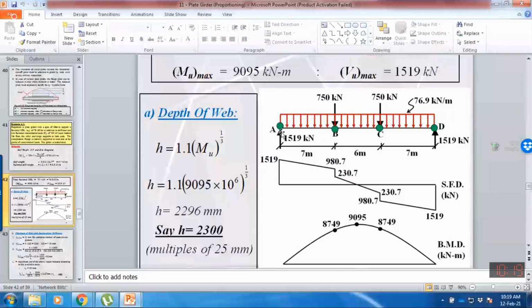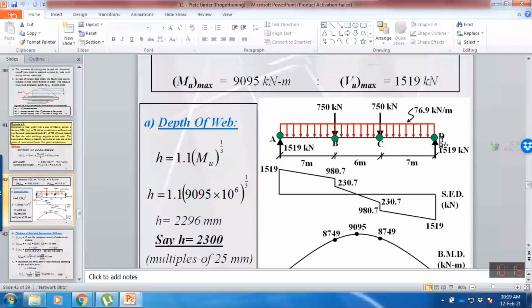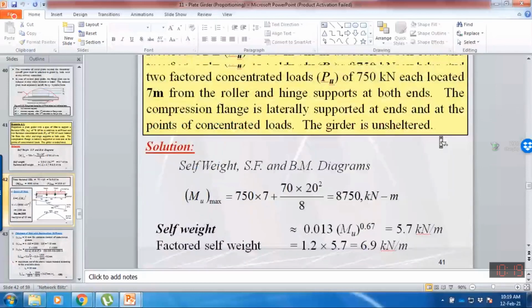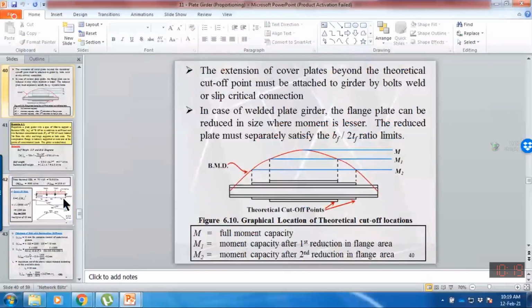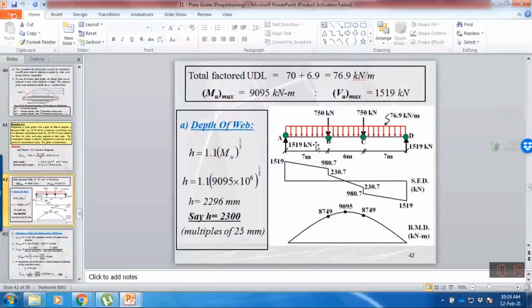So we need to provide bearing stiffeners at points A, B, C, and D because these points are subjected to concentrated force. It means the location of the bearing stiffeners is already known. Wherever the force reactions or heavy loads are transferred to the web, we need to provide bearing stiffeners.